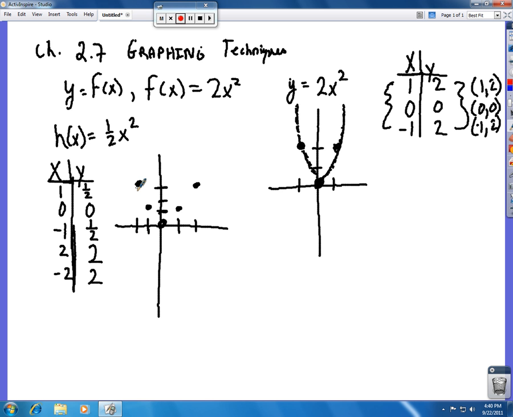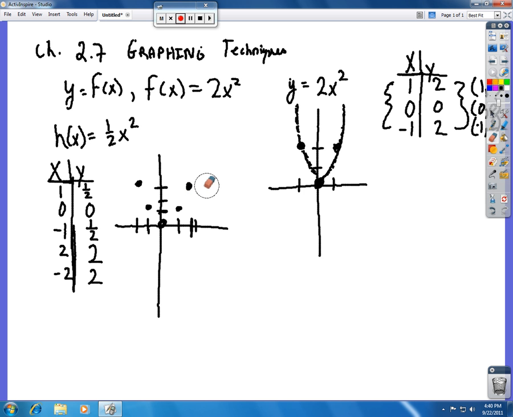So that's not very even. Here, let me scoot this in a little closer so it's a little bit more symmetric. There we go, that looks a little better. So now, again, we're dealing with an x squared, so it's going to be a parabola.